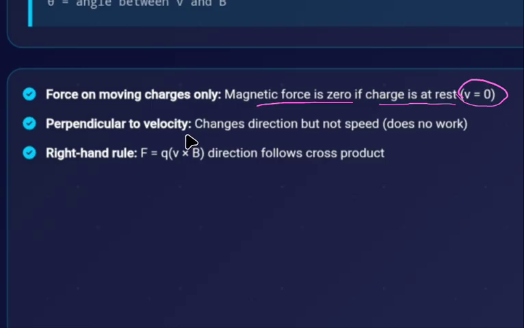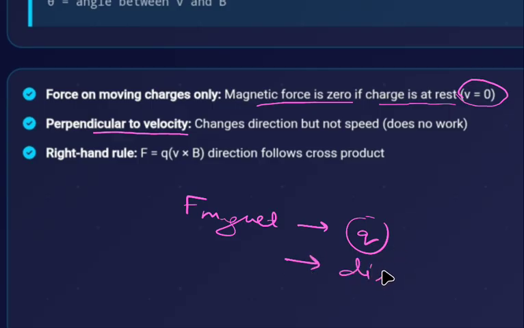Next, the magnetic force acts perpendicular to velocity on the charge and changes its direction of velocity.